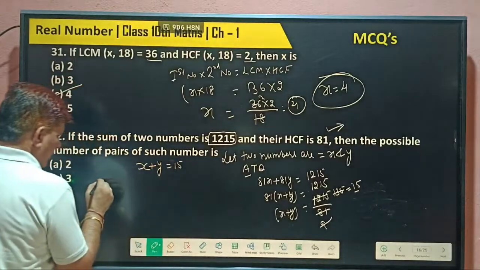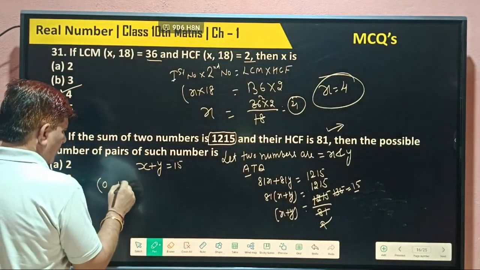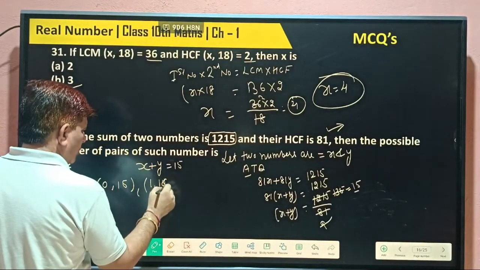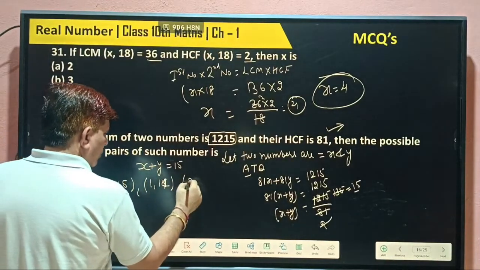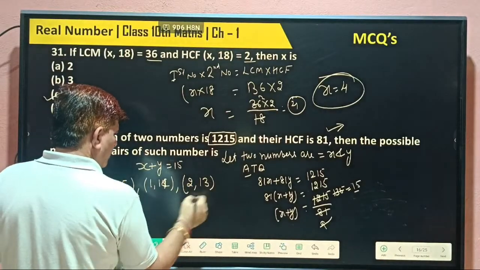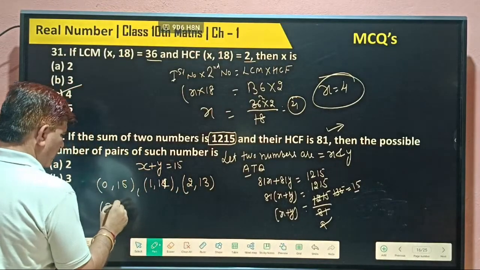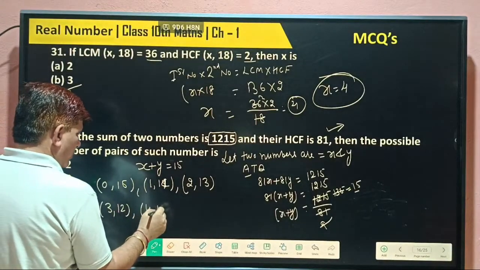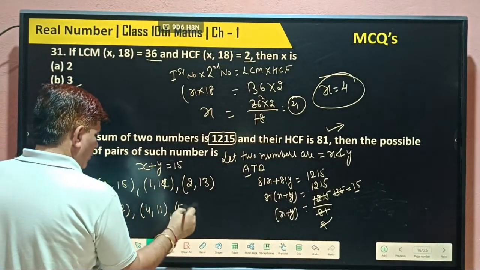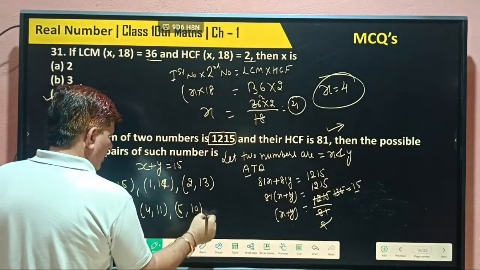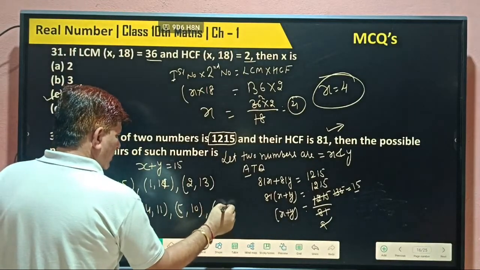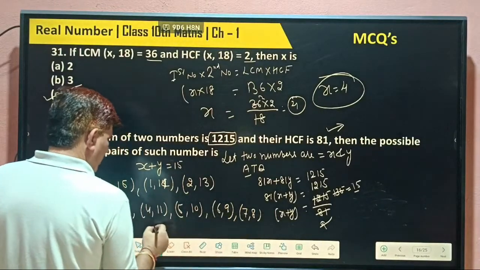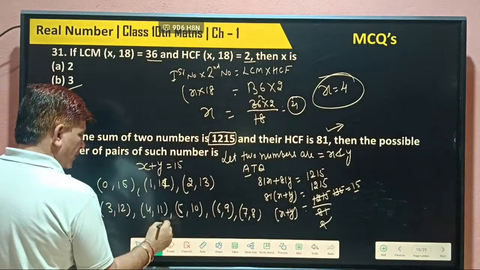So possible pairs: 0 and 15, 1 and 14, 2 and 13, 3 and 12, 4 and 11, 5 and 10, 6 and 9, 7 and 8, 8 and 7.